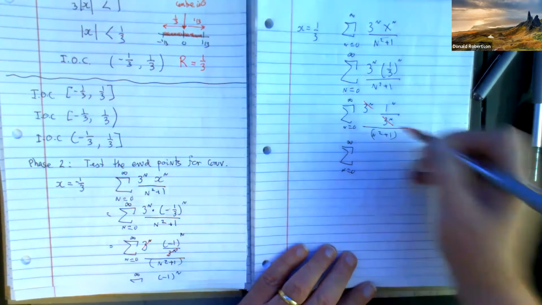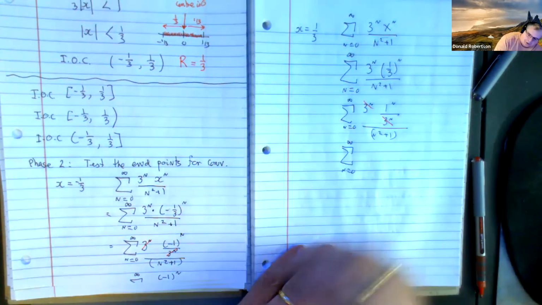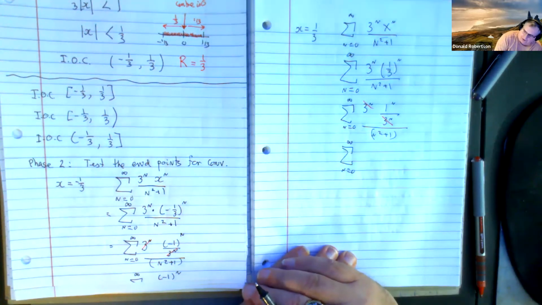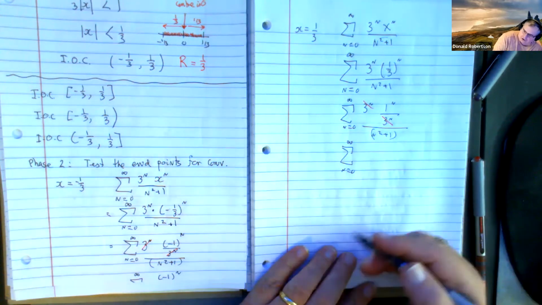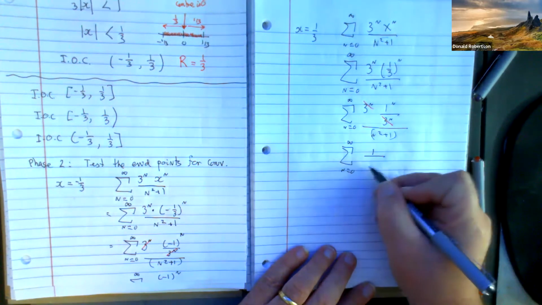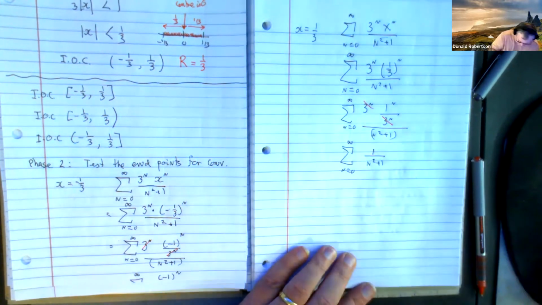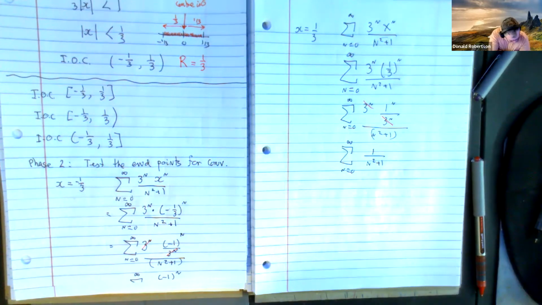Those two cancel out, and 1 to the power of n is really just 1, because 1 squared or 1 cubed, it's still 1. So we are left with that guy. And it's not the same as the other one, right? It's close, but it's not the same.